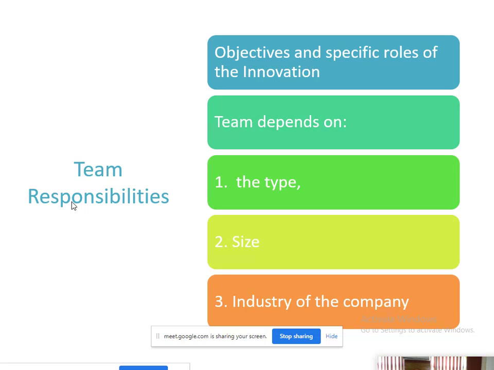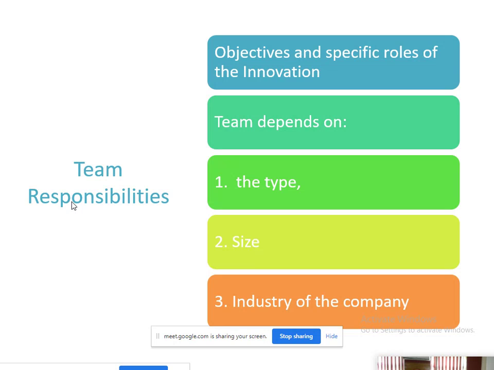And next, these are your objectives and specific roles of team responsibilities. That means we have team members in our innovation project, and team members must have this kind of objective in their team responsibilities. It will depend on the type of organization, its size and the industry of the company.